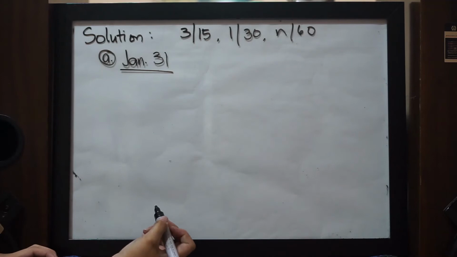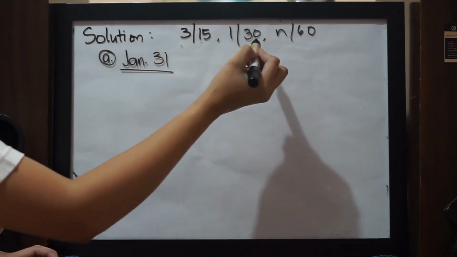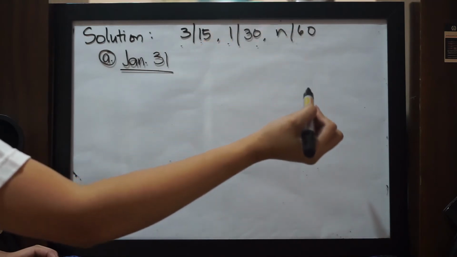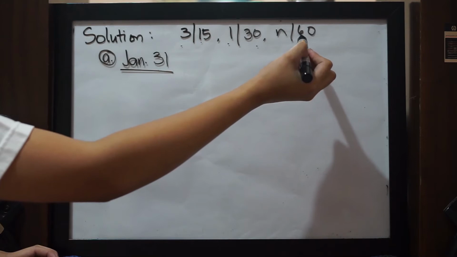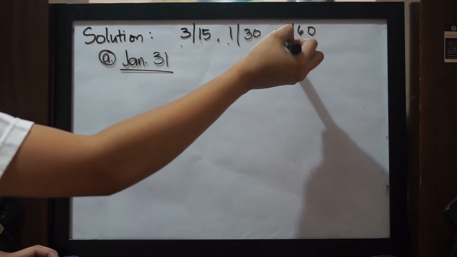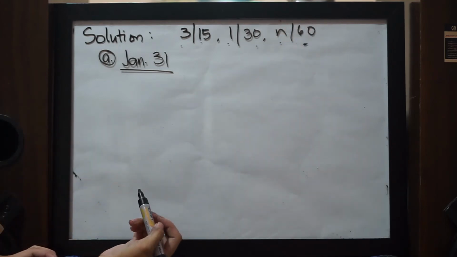If you pay within 15 days, you get 3%. If you pay within 30 days, you get 1%. If you pay beyond 30 days, there is no discount, but the due date is after 60 days.